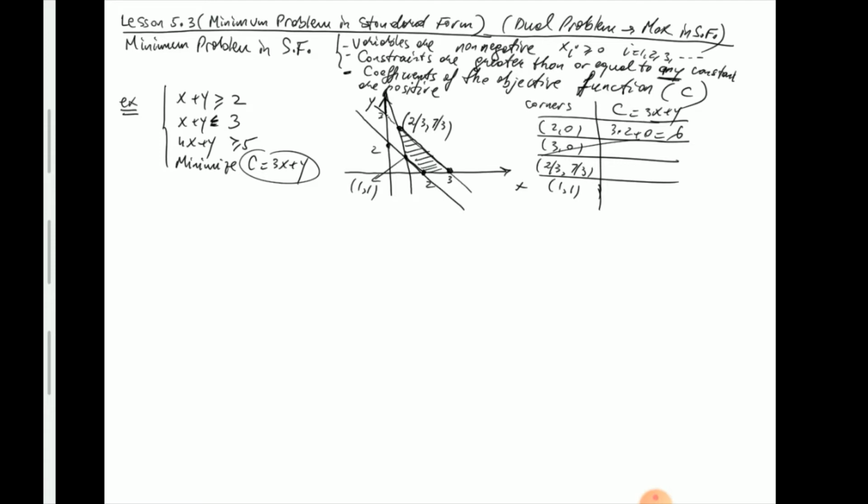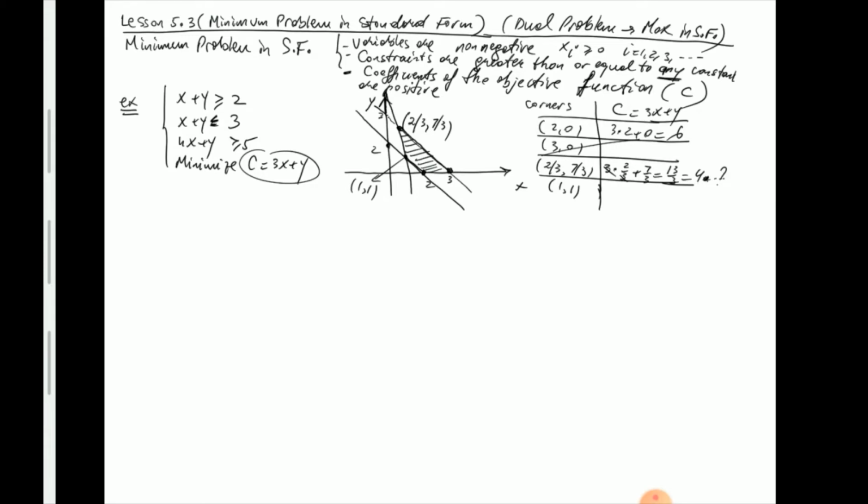If I plug in 2/3, so that's 3 times 2/3 plus 7/3, that's 7/3 plus 2. 6 plus 7, that's 13/3. That's like 4 point something, 4 point some decimals here.